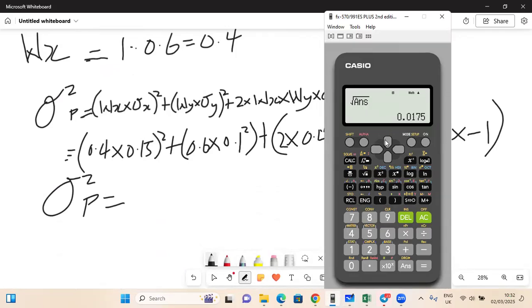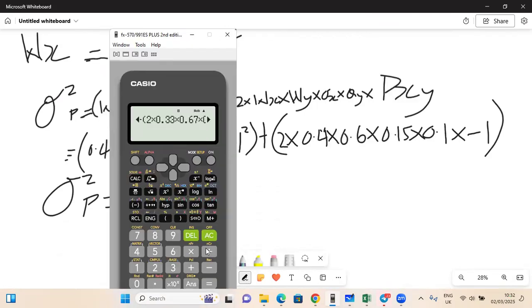Let me go and change it. So here -1 is already there. The standard deviation of x and the standard deviation of y are already in there. So now let's change the weights. Now it is 0.4 and 0.6.